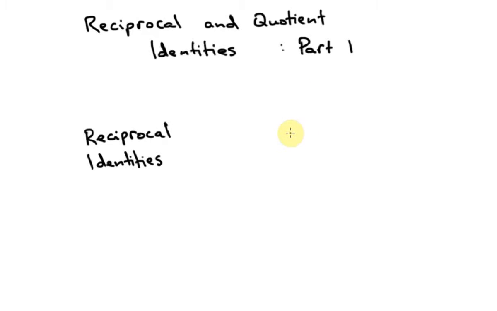I'm going to start off by just saying, well, what is an identity? All that an identity is, it's a relationship between trig functions that exist. So some of them, like these reciprocal identities, you already know. For example, we've already seen that the cosecant of an angle is the same thing as saying 1 over sine of that angle.